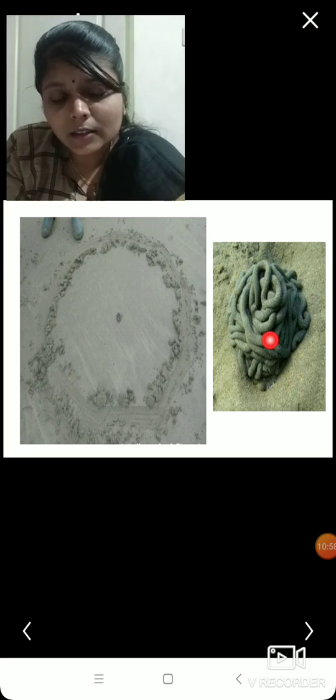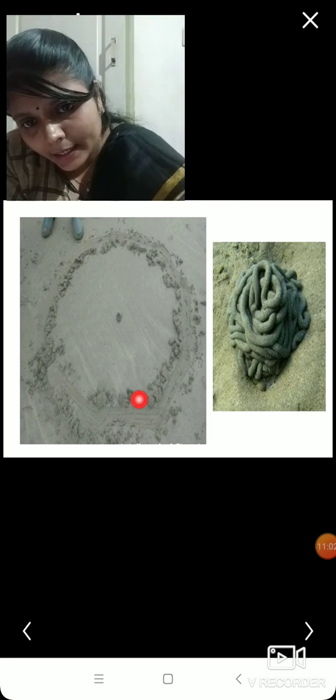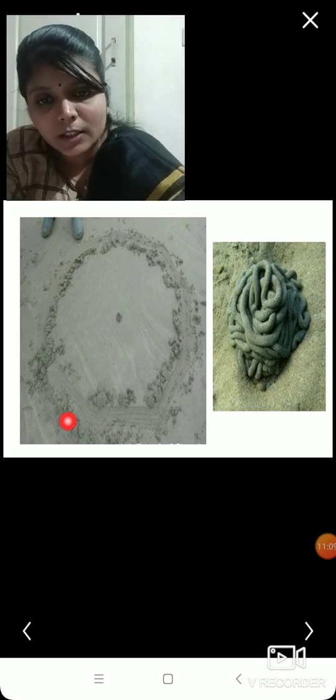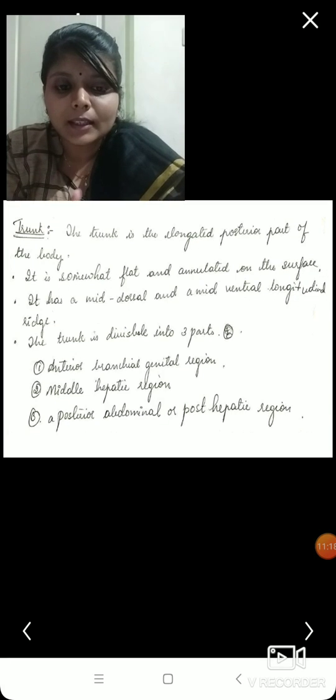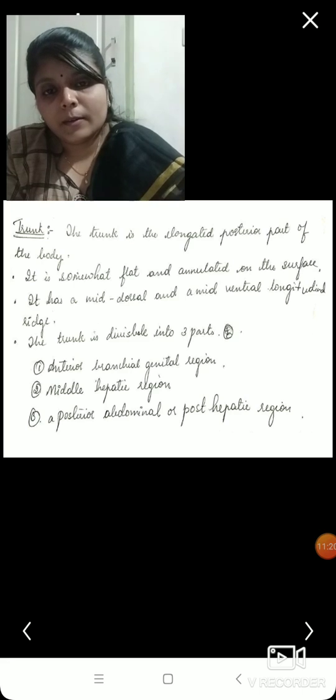The casting of the worm is seen on top, and the worm enters inside and forms a tunnel, and near this there should be another small hole through which it can come outside. That's how the castings look, so that you can identify that a worm is present in that particular region of the sand.